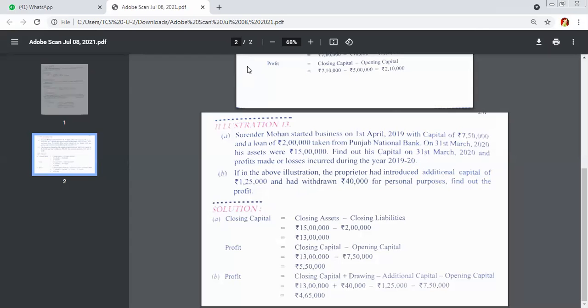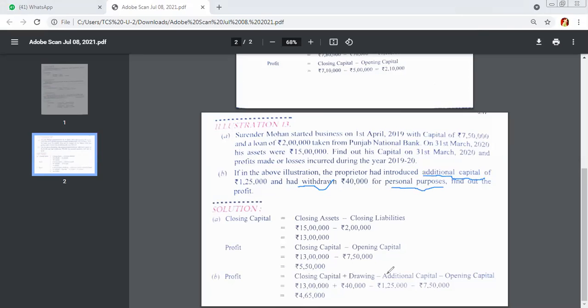See, let me start the annotation to highlight it. In this point B, the additional capital is given to us. Along with that, whatever was withdrawn for personal use is also given to us. It means whatever is withdrawn for personal purpose will be considered as drawings.